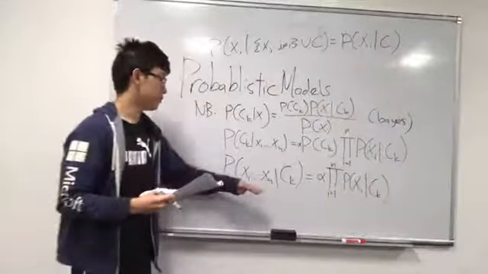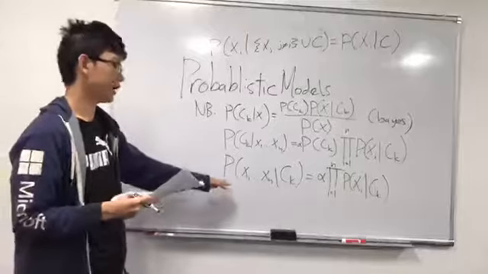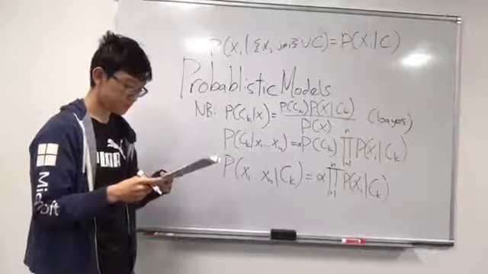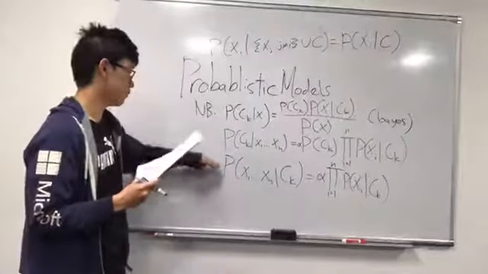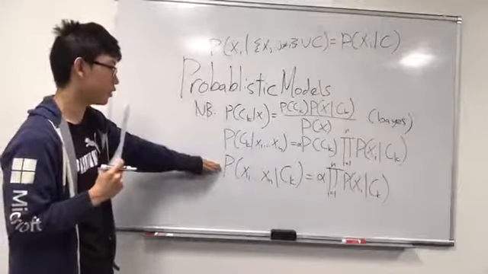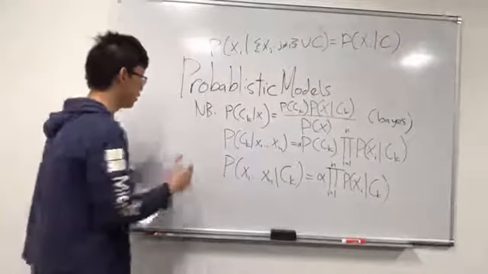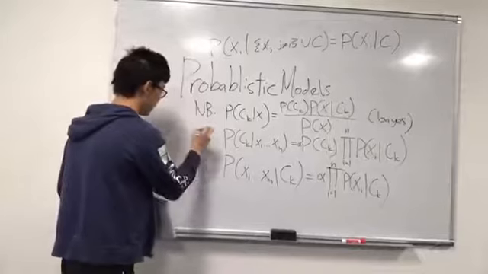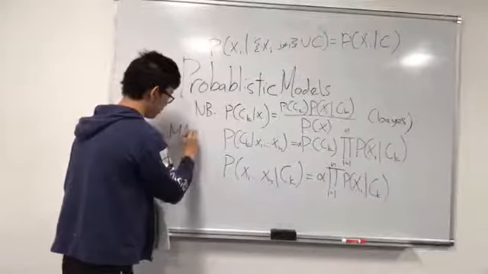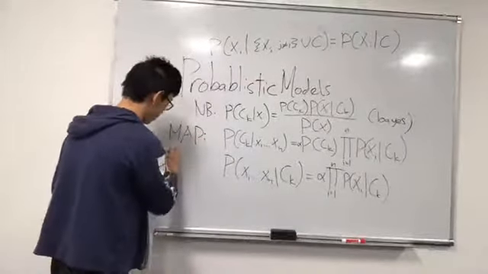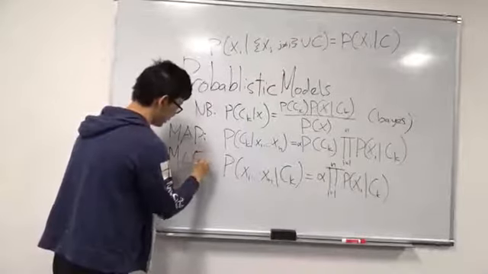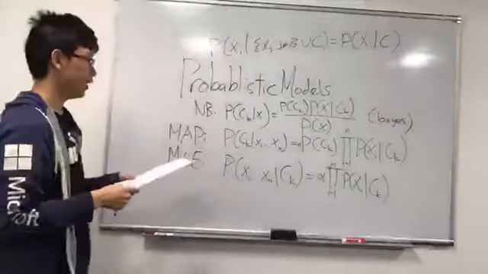So if you take the argmax over this probability, it's going to be the maximum a posteriori. Otherwise, it's going to be the maximum likelihood estimator.